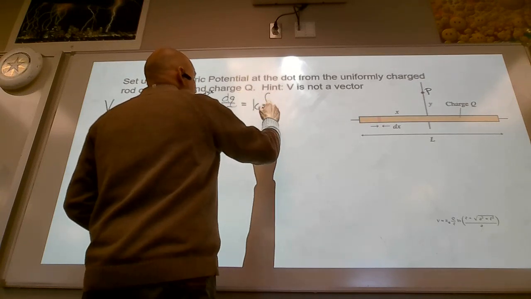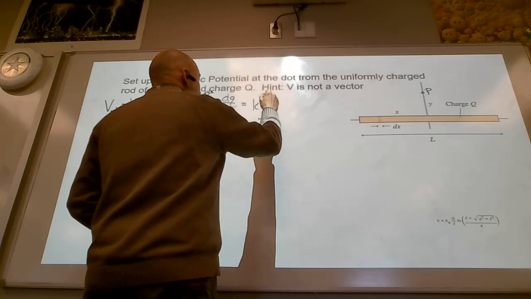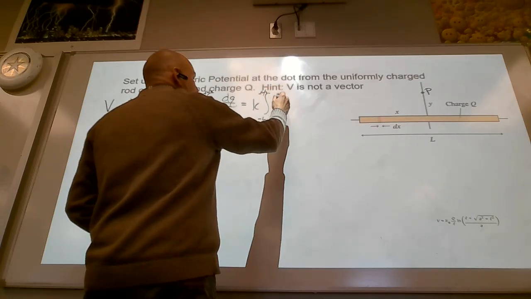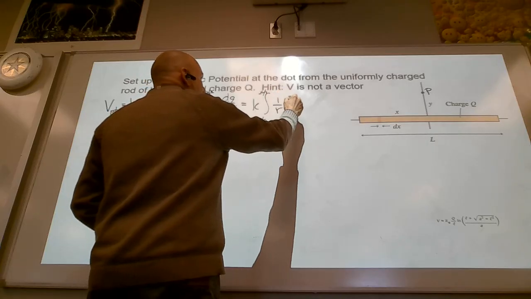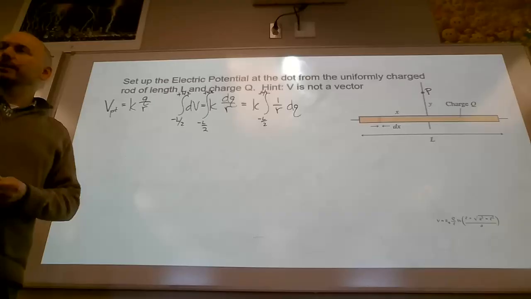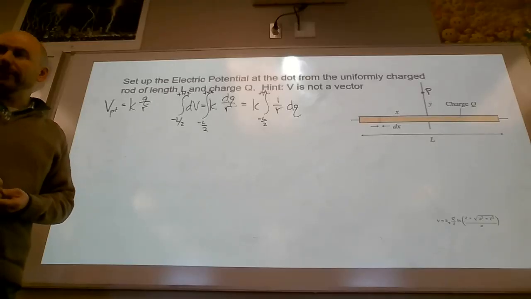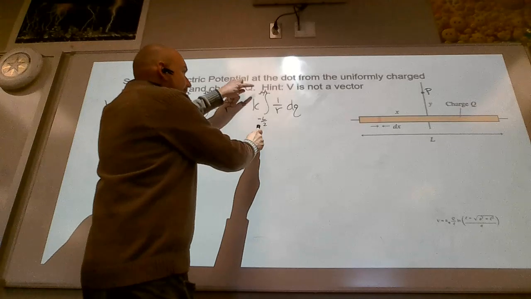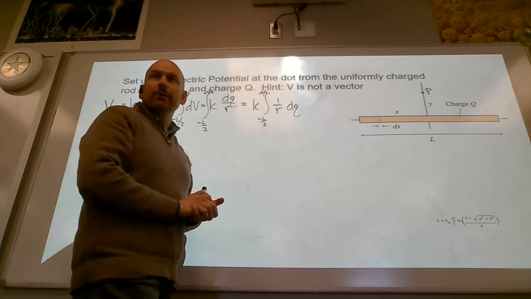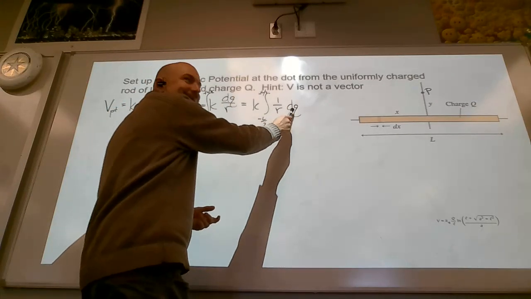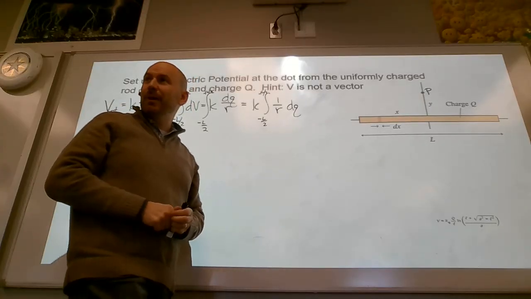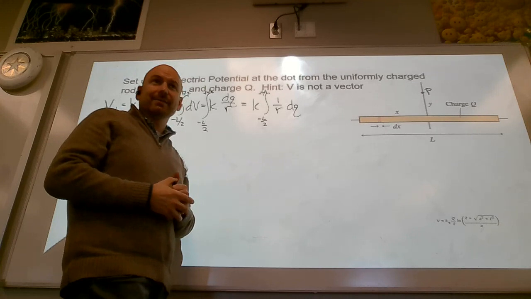So I've got K, 1 over R dq. Can I integrate that in this form? No. I need these units to agree with this unit. They're not even close. I need these variables to agree with each other. Not even close. You see the problems that I need to address.